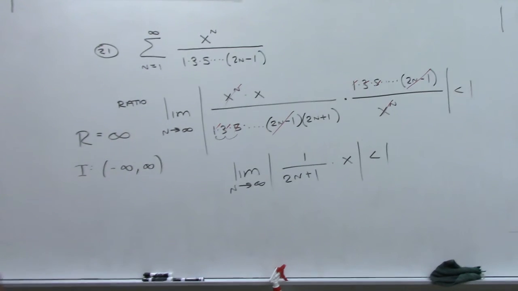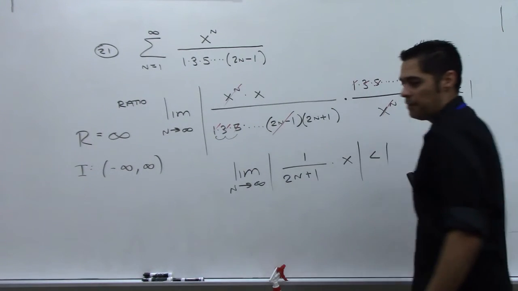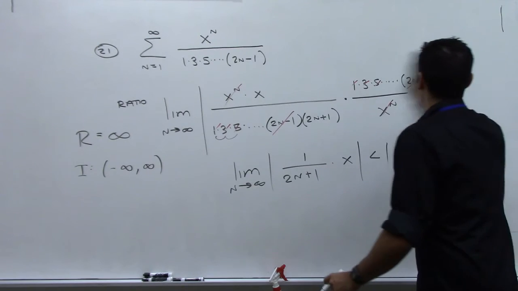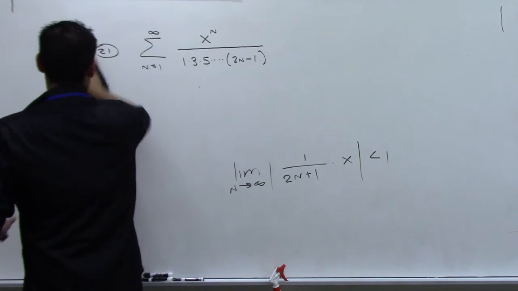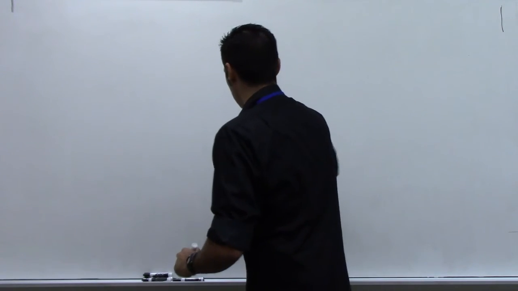Okay, that was number 21. So I'll offer you a bonus problem. I guess the only way you'll know is if you do this video. Here's what I'm going to offer. I just lectured on power series yesterday.